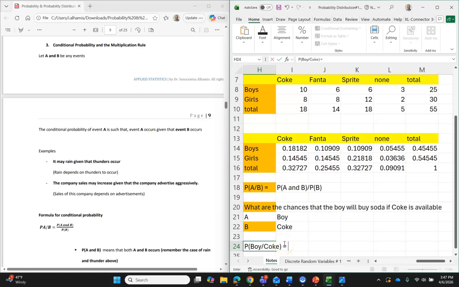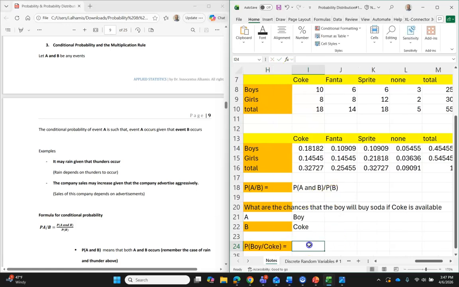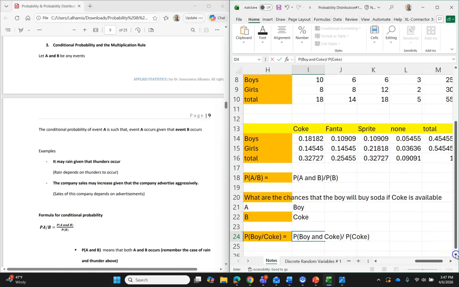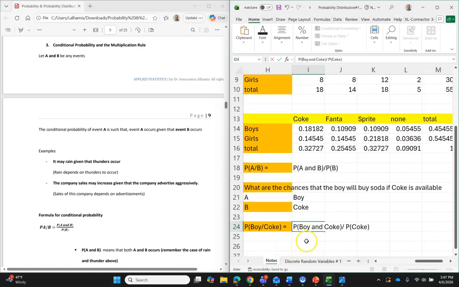That will be equal to the probability of boy and Coke divided by the probability of Coke. Once we know this, we find the probability of a boy and Coke, which is this one here.